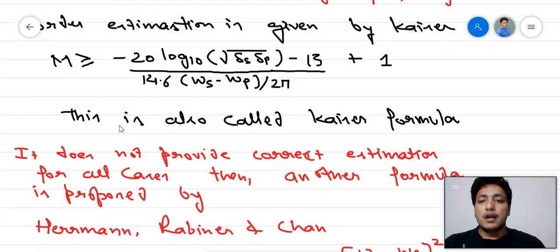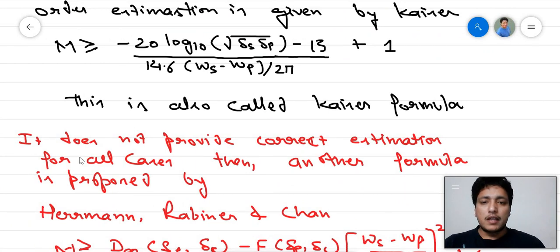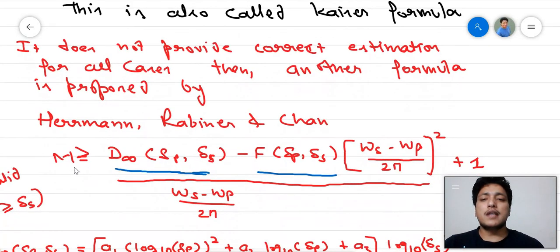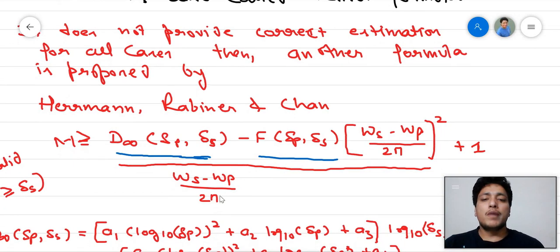This is also called the Kaiser formula. Now the problem with this particular formula is that it is not robust and does not provide a correct estimation for all cases. Then we require another formula proposed by Herrmann, Rabiner and Chan, which states that M is greater than or equal to d infinity of delta P comma delta S minus F of delta P comma delta S times omega S minus omega P by 2 pi whole squared, over omega S minus omega P by 2 pi, plus 1.